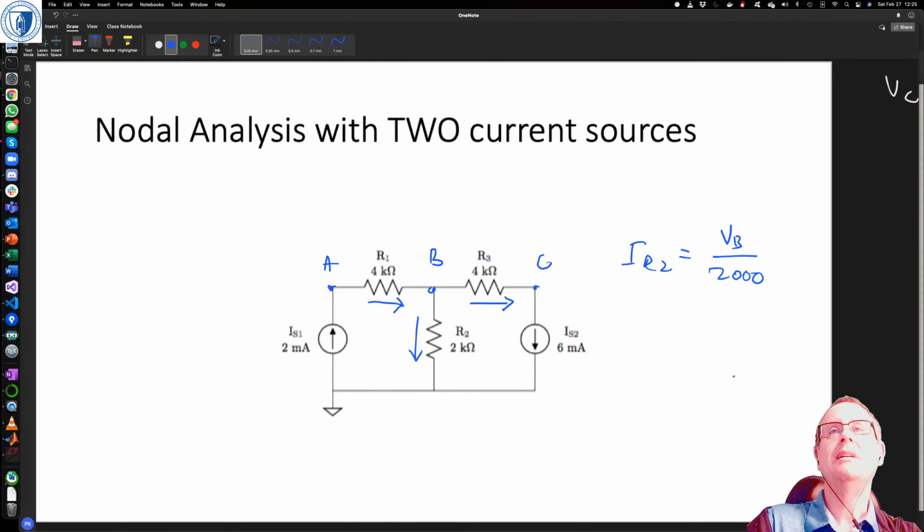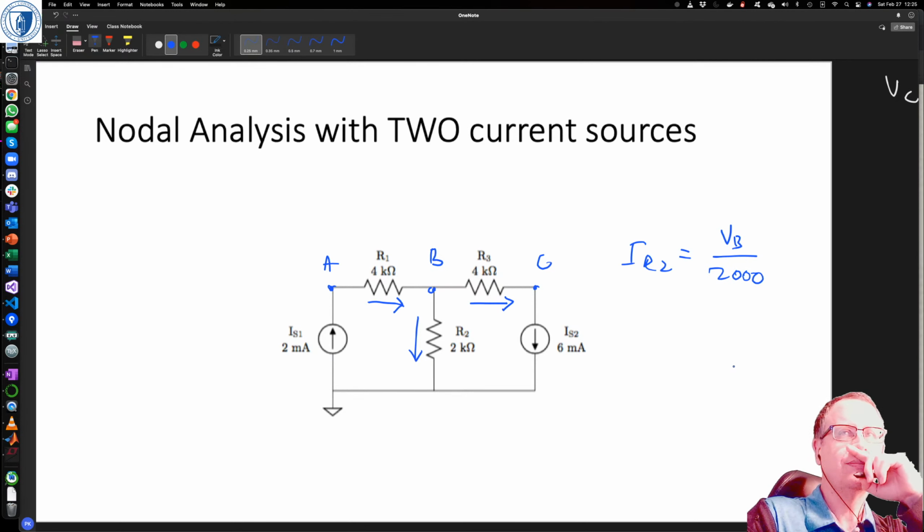Okay, and then we can look at the equations.